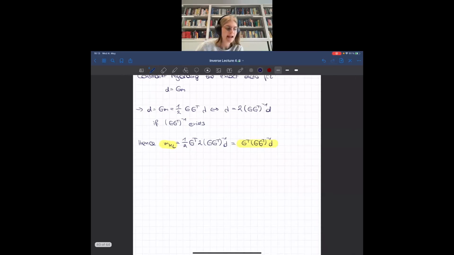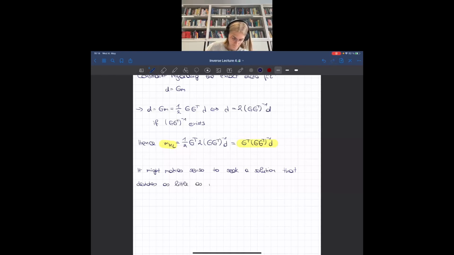For example, it might make sense that we would like to find a solution that deviates as little as possible from some estimated solution. And we just call that solution m in those funny brackets.